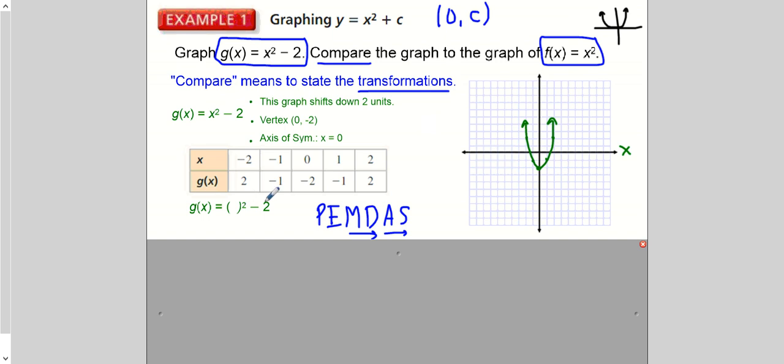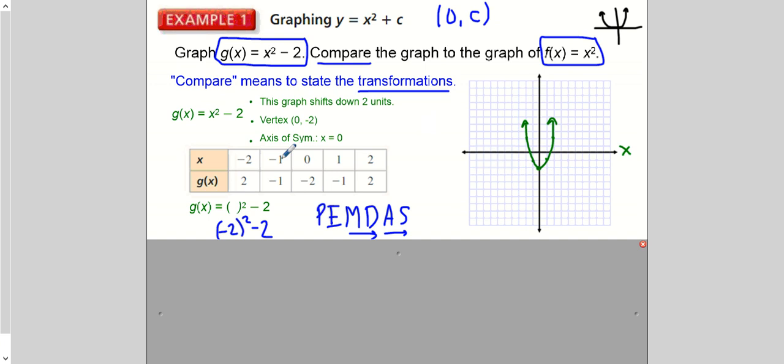In this case, we have exponents and subtractions, so we have to do exponents before we do the subtraction. So negative 2, when we square it, we get positive 4, and 4 minus 2 is 2.